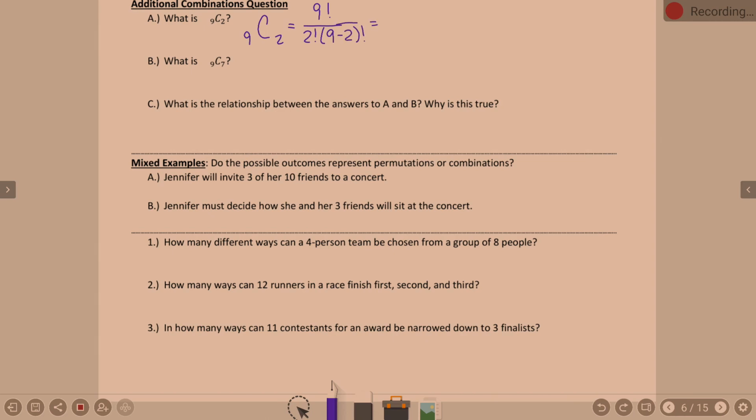On top, we know, well, I usually clean it up, don't I? 9 factorial over 2 factorial times 7 factorial. Then, on top, I know 9 factorial is 9, 8, 7, 6, 5, 4, 3, 2, 1. You're getting good practice here this morning, right? 2 factorial is 2 times 1. 7 factorial is 7, 6, 5, 4, 3, 2, 1.